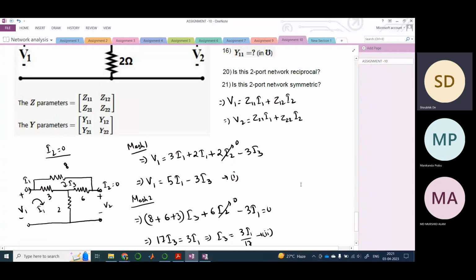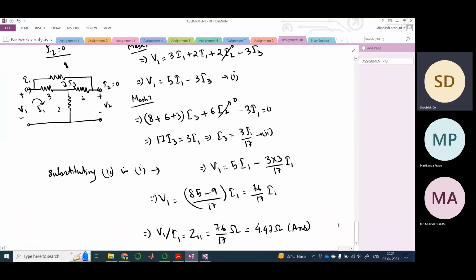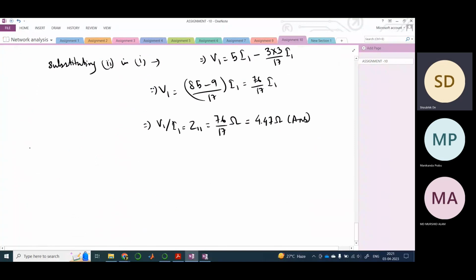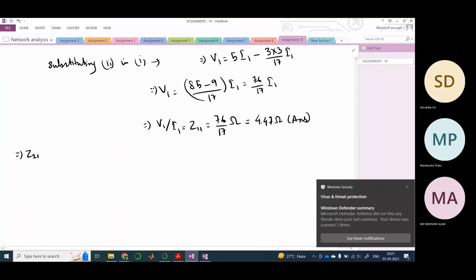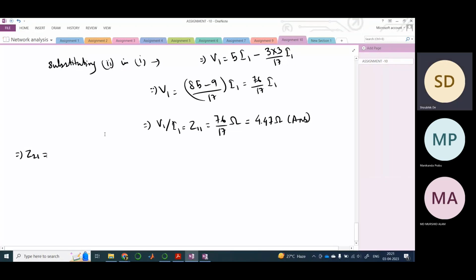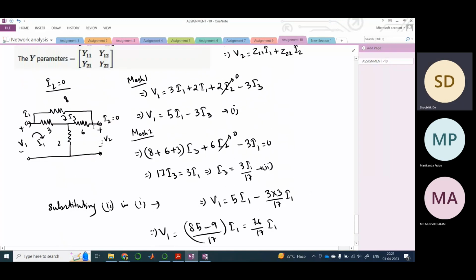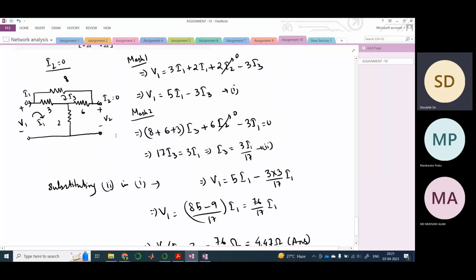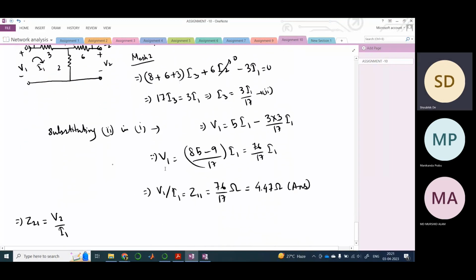So now we need to find out what is Z21. Z21 is V2 by I1. So we need to write the KVL here, in this mesh. What is V2?